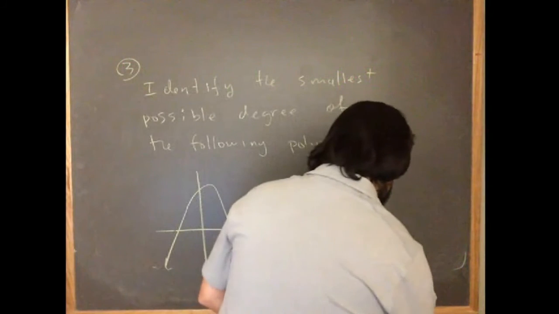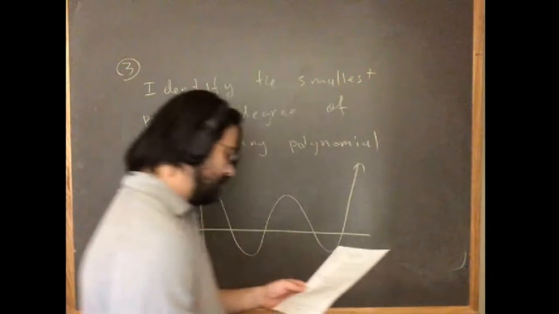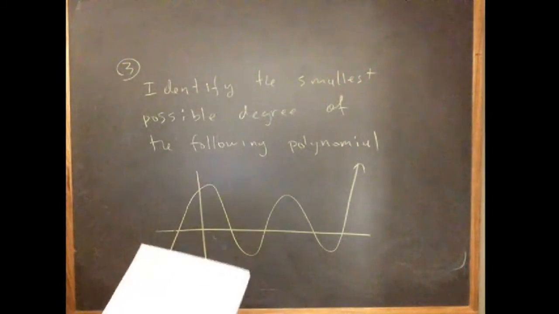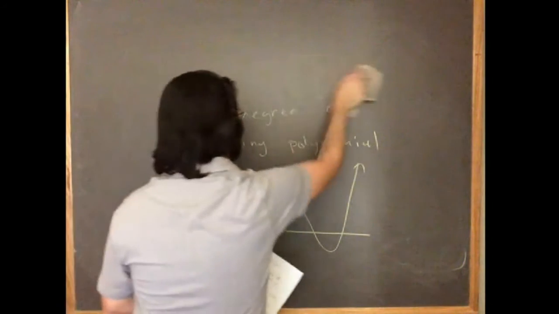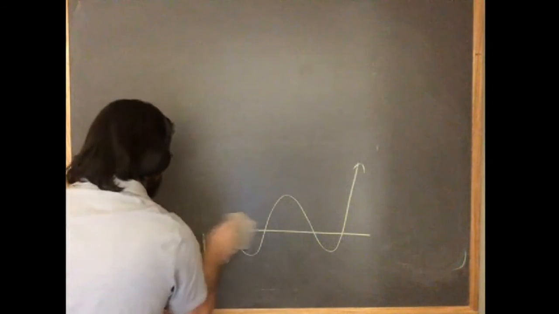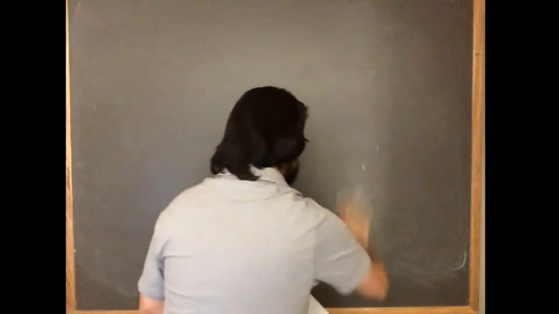Number 4 is going to be about dividing things. So you'll get a little bit of practice with some long division for this question. This is question number 4. And again, all of these are really good practice for the upcoming final exam.